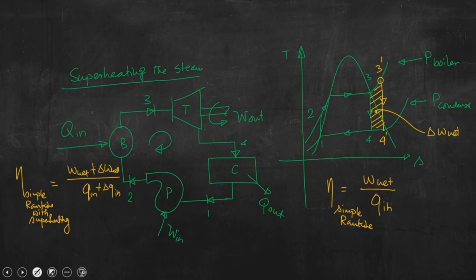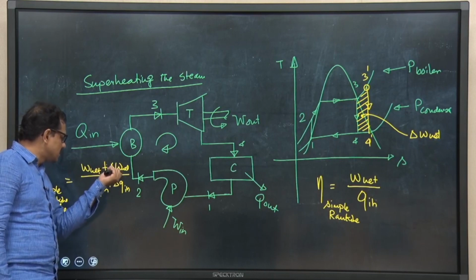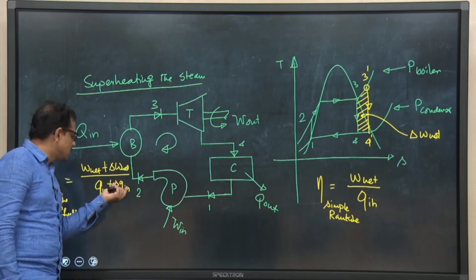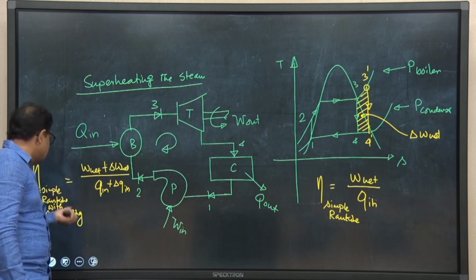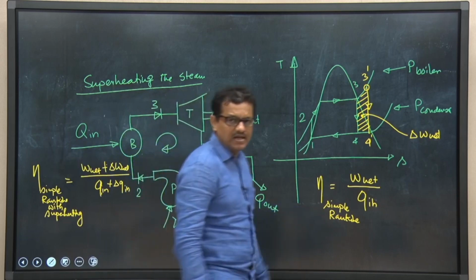Both the quantities, in the numerator and denominator, are increasing by these small quantities. If the relative increment of delta W net is greater than the increment of delta Q in, then we can say that the efficiency of the simple Rankine cycle modified with superheating would be higher than the simple Rankine cycle.